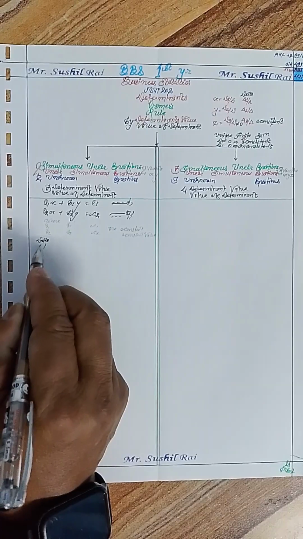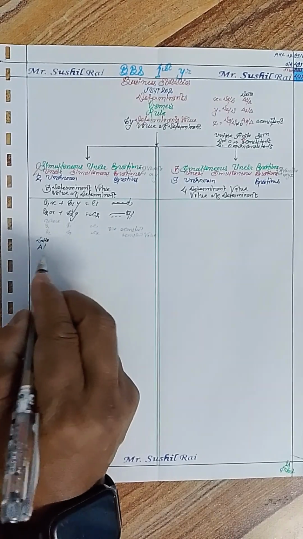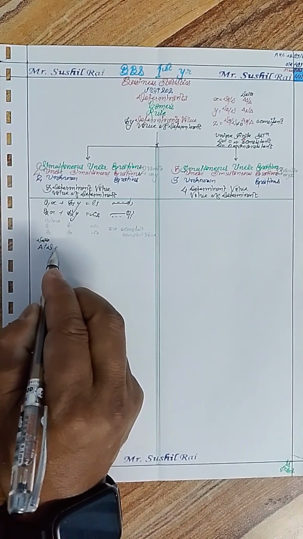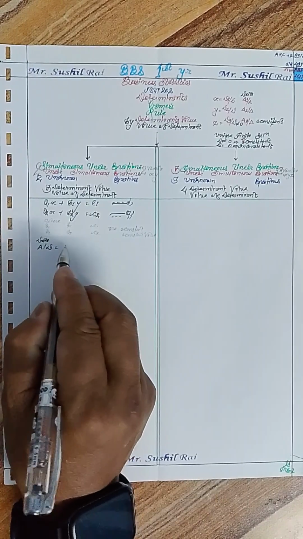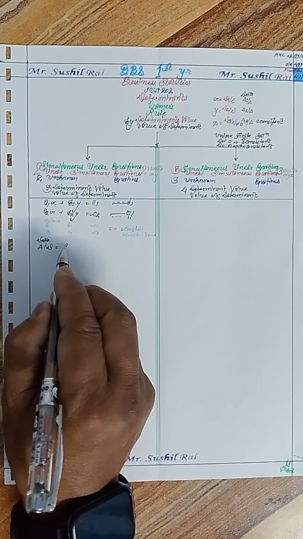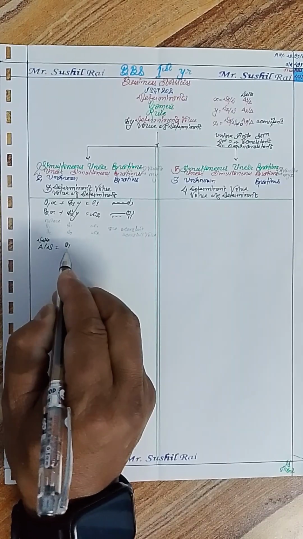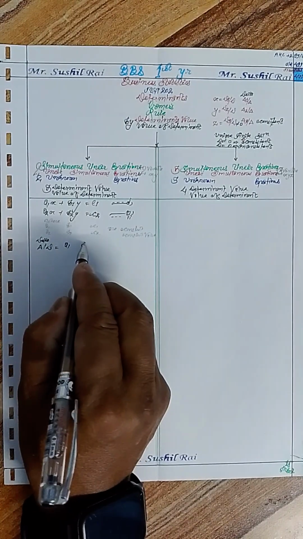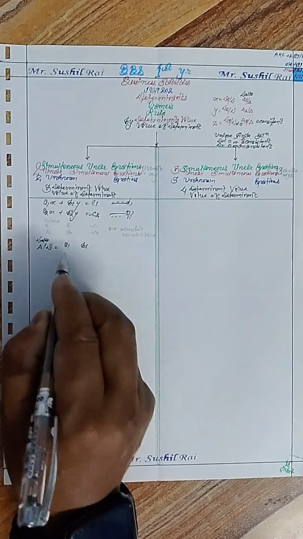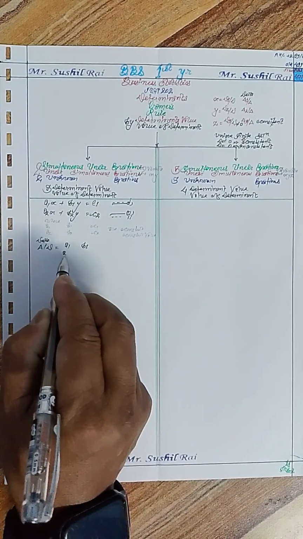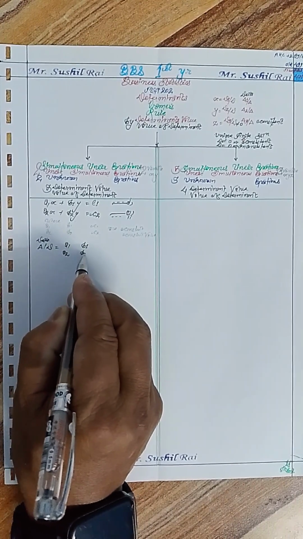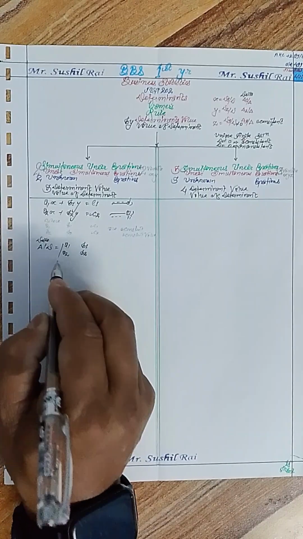Delta, D equals the determinant with rows a1, b1 and a2, b2.